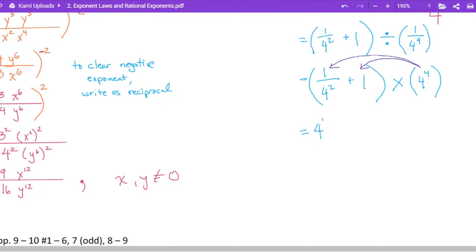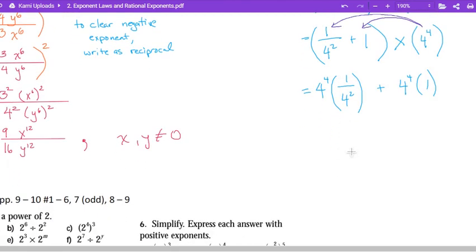So we've got 4 to the power of 4 times 1 over 4 squared plus 4 to the power of 4 times 1. Now, I have not calculated the exponent yet. I'm keeping it in exponent form for now. And I'll show you all the steps, but you can definitely cut some steps here. So I've got 4 to the power of 4 over 4 to the power of 2.